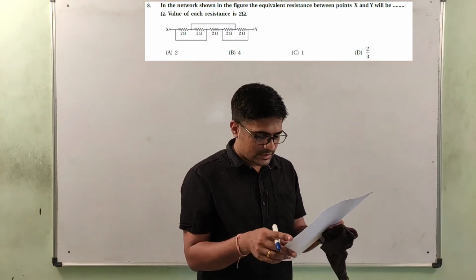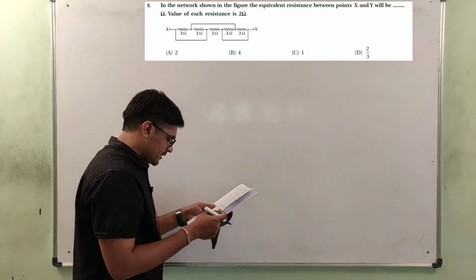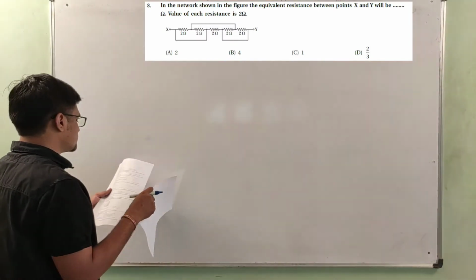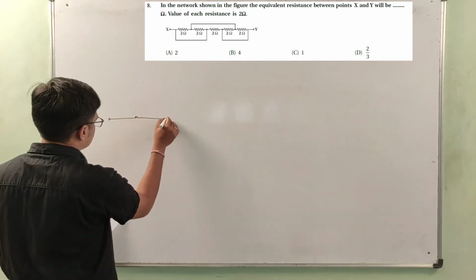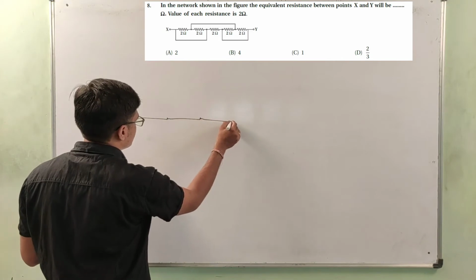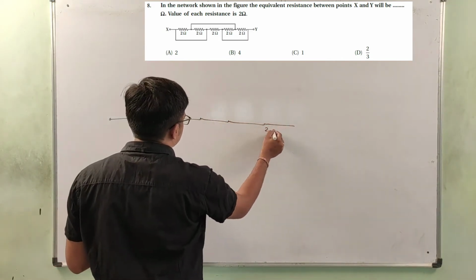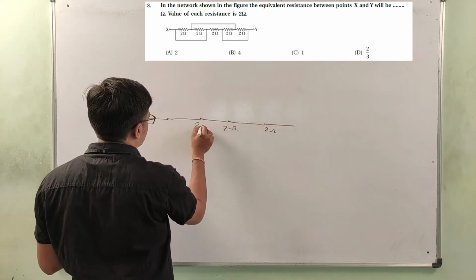Next, question 8. In the network shown in the figure, the equivalent resistance between point X and Y will be, where the value of each resistance is 2 ohm. This network is given.